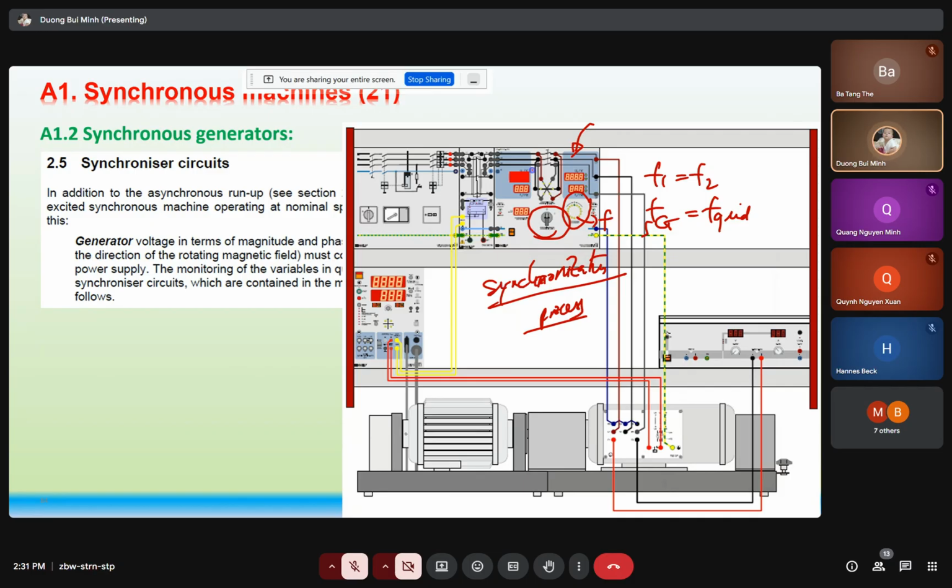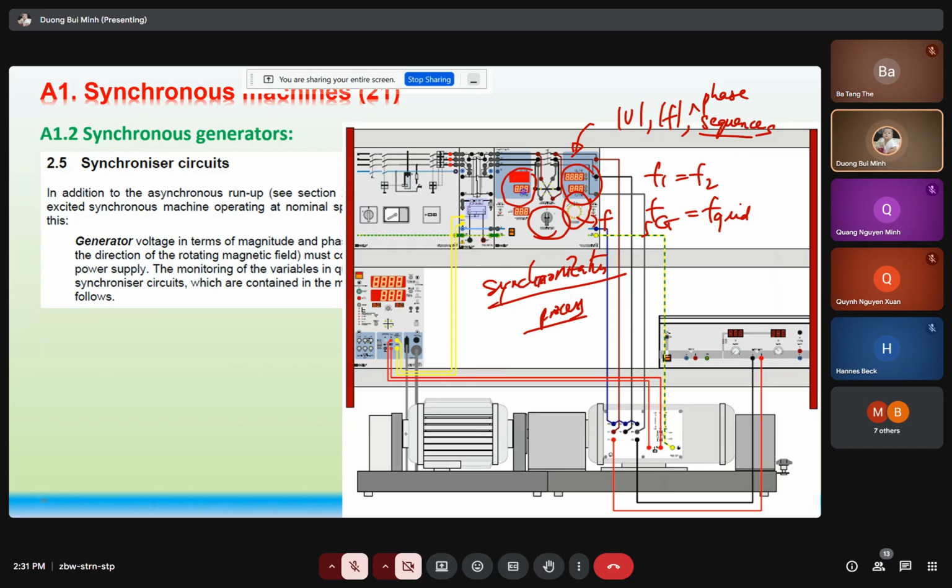Here we observe the voltage, and we observe the voltage and the frequencies. We observe the value of voltage, the value of frequencies, and the sequence, I mean phase sequence, and phase angle.